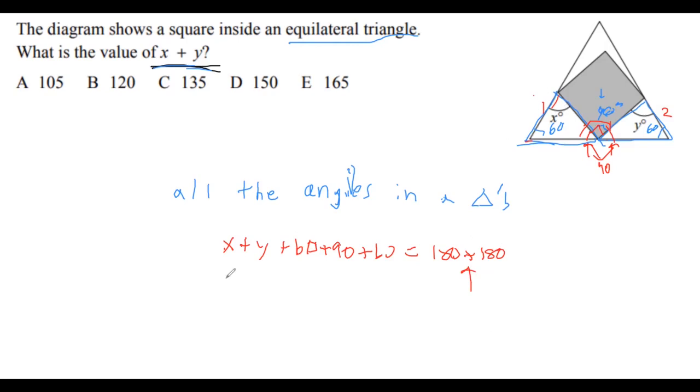On the left there's x, y, the two 60s, and the 90 represents the last two angles that we haven't added. If you move everything else to the other side, x plus y equals 150.